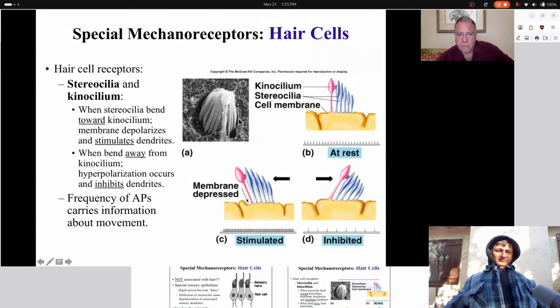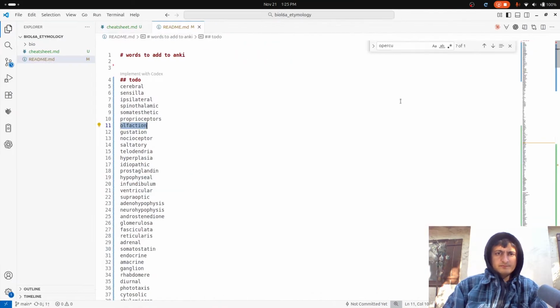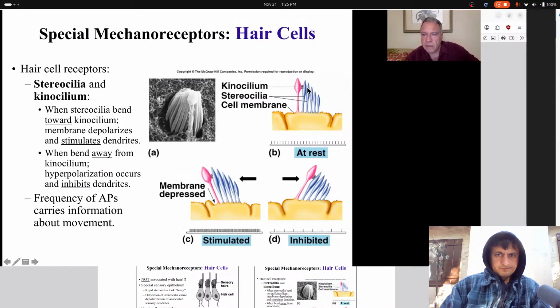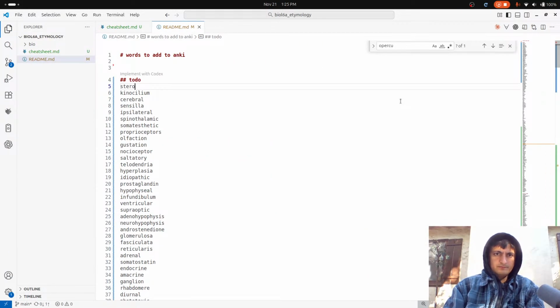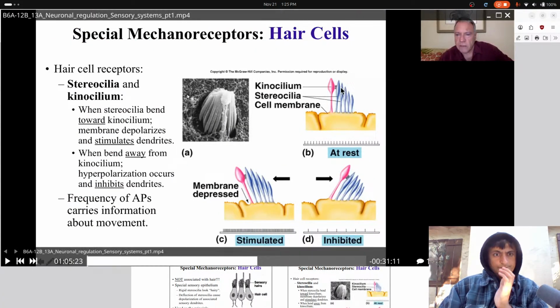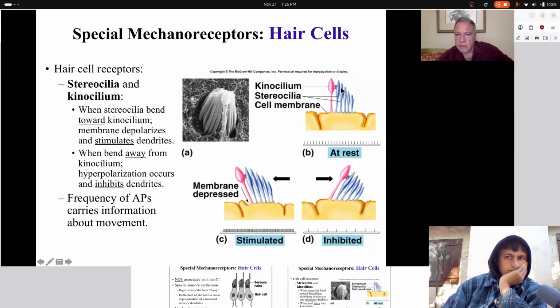So here we can see them a little closer in the position in the inner ear, where there's one large one called the kinocilium, and multiples of these smaller, finer ones called the stereocilia.